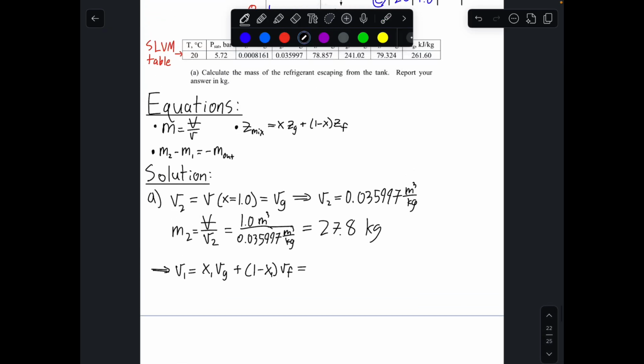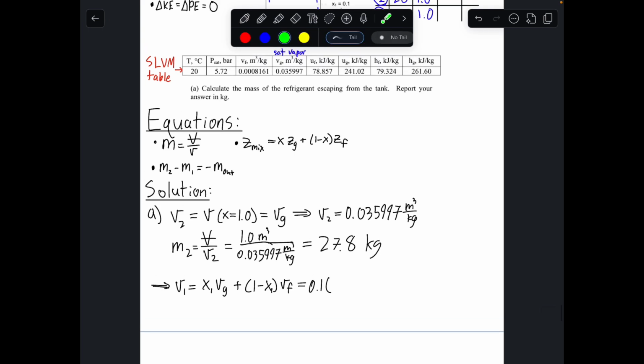So we get 0.1 times, now Vg we can get from the table again, 0.035997 meters cubed per kilogram. And this is plus 1 minus 0.1, right? That's just our X1 value that we get from the table, times Vf.